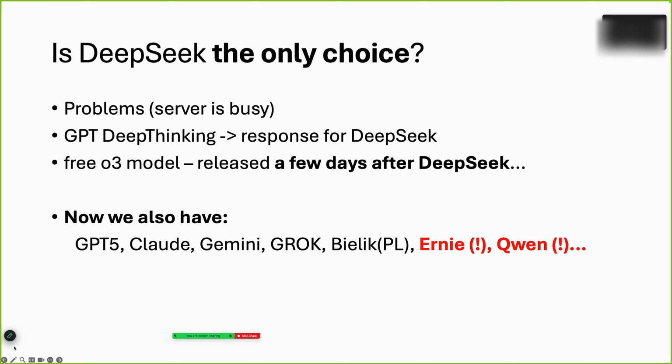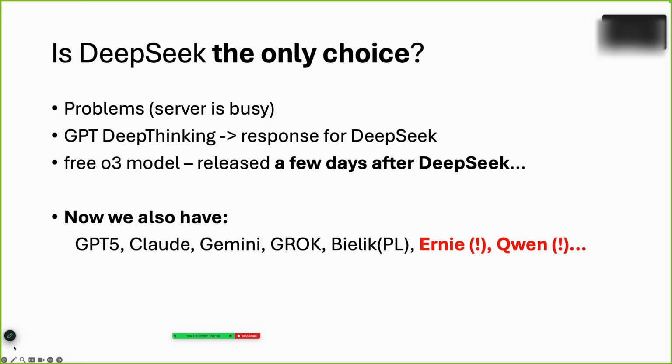Now let me stop a little bit with physics for a moment and tell you a little bit more about those chats and language models. What we have in the market for the moment is not only DeepSeek. We have GPT with deep thinking. In the past, when DeepSeek appeared, I tell you that was amazing.